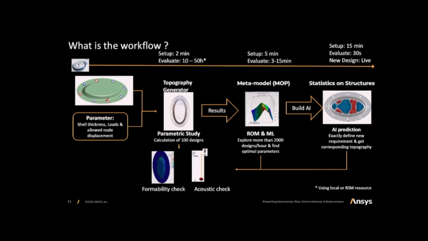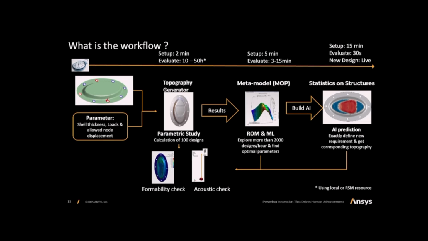So just as an example of the timelines it takes to do this, setting up some of this stuff, these are numbers for an experienced user. If you haven't ever used some of these tools, it's not going to be quite that fast. But we're talking about several minutes of setup time. And on the simulation side of things, whether you're using a GPU solver or a CPU, depending on the solution that you're doing, it may take some time to run the simulations.